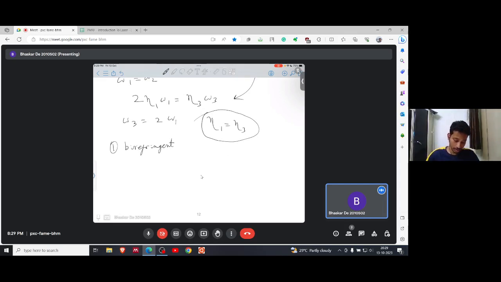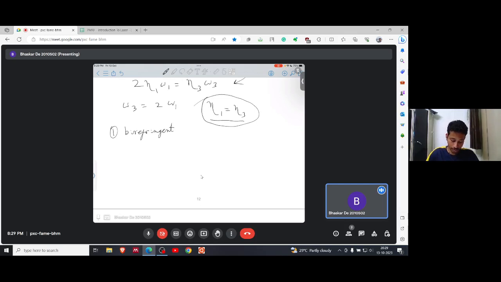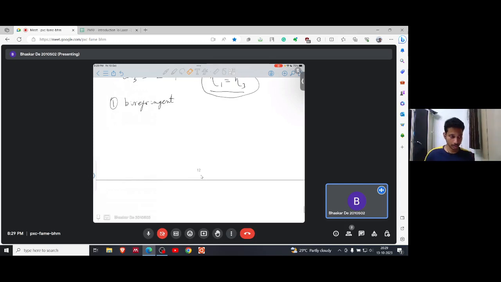So this condition is matched for the two different polarizations, the ordinary and extraordinary, so the phase matching will be extraordinary with ordinary or something like that. That's why all the second harmonic crystals are birefringent. Otherwise second harmonic generation with utmost accuracy is not possible.